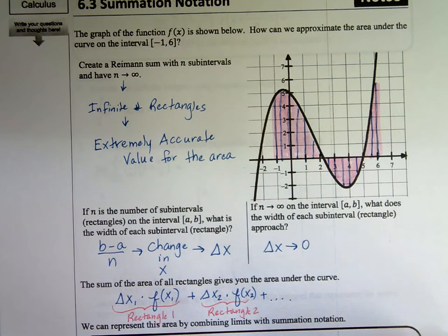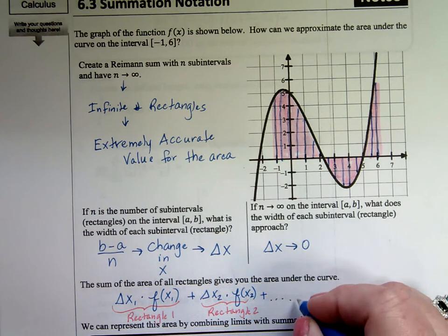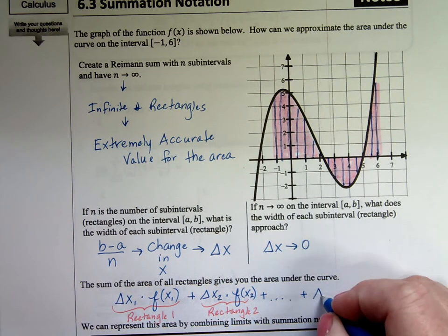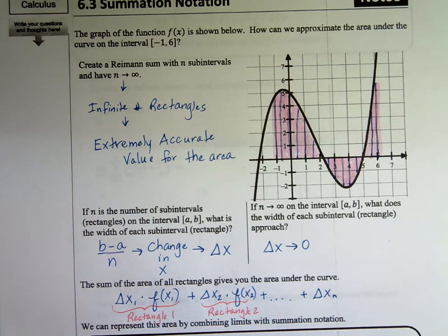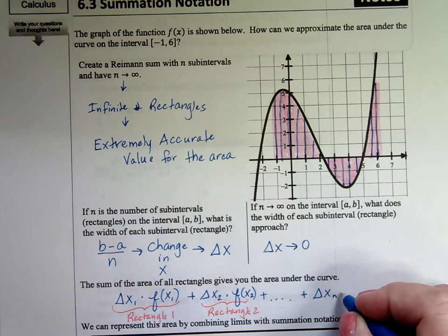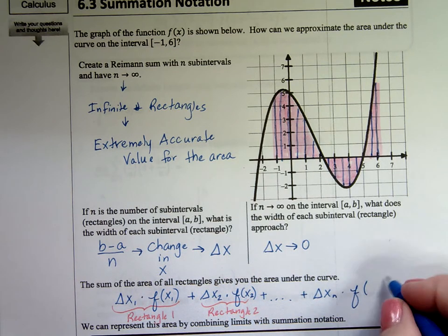Rectangle number 3, delta x sub 3, f of x sub 3, and so on and so on, until you get to the last guy. And the last guy is going to be delta x sub n, 100, 1,000, 10,000. You could have how many rectangles? We said an infinite number, times f of x sub n.